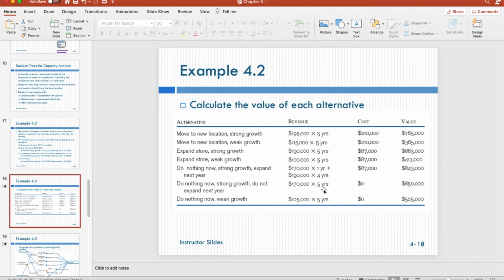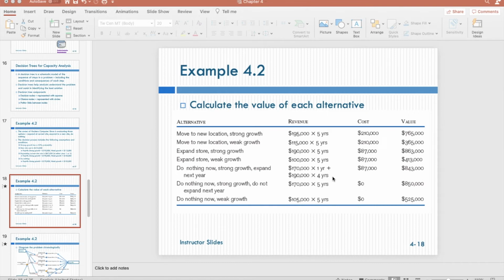Why? Because we are talking about a 5-year schedule. You do nothing for the first year. That's why this is 170,000. And then you expand from the second year. That's why the 190,000 amount can only count for the next 4 years, not for the whole 5 years. This is a little bit tricky, but the logic here is very simple.